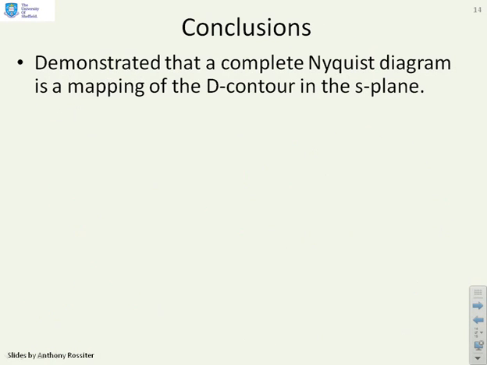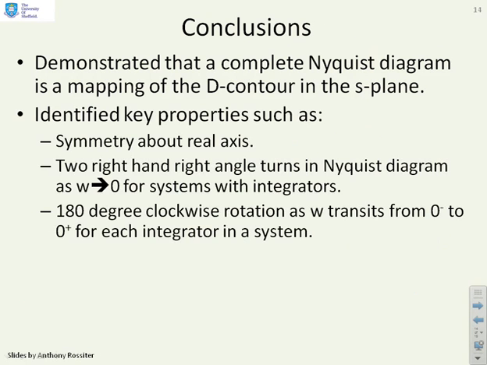So some conclusions. We've demonstrated that a complete Nyquist diagram is a mapping of the D contour in the S-plane. We've identified key properties such as symmetry about the real axis. There are two right-angle turns in the Nyquist diagram as omega tends to 0 for systems with integrators.